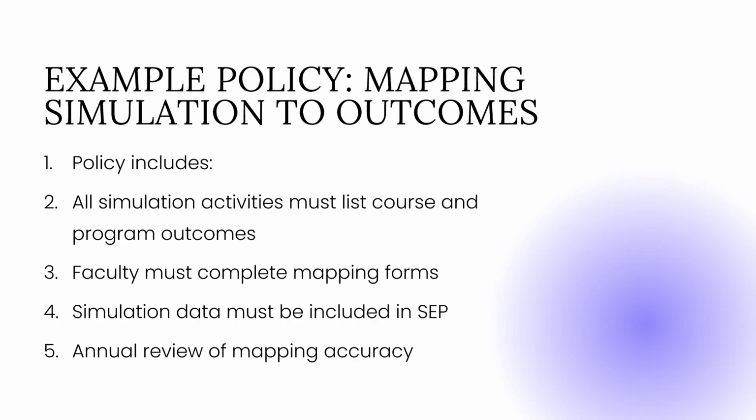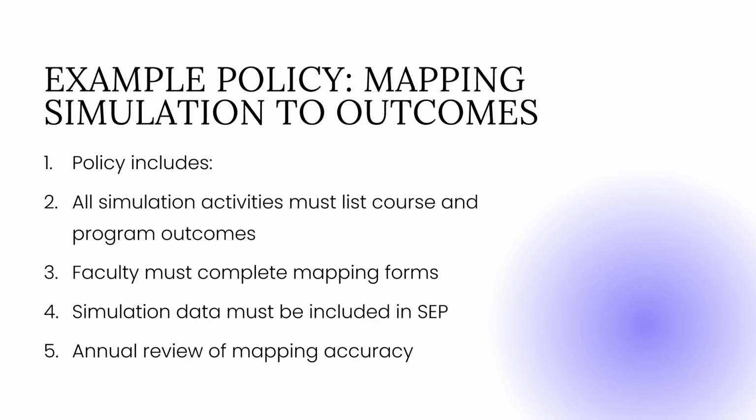The policy should also require faculty to complete a standardized mapping form. This form includes the scenario title, learning objectives, course outcomes, program outcomes, and evaluation method. Using a consistent form helps ensure alignment across the curriculum, and it makes it easier to review during accreditation or surveys.